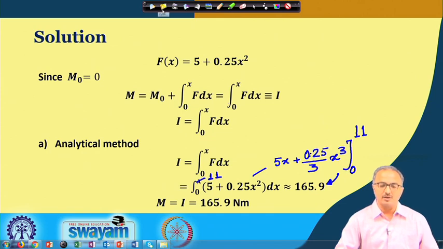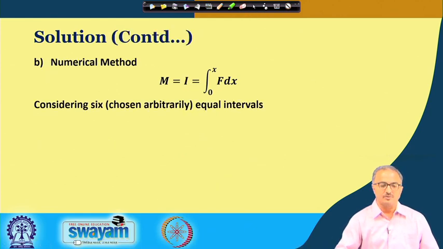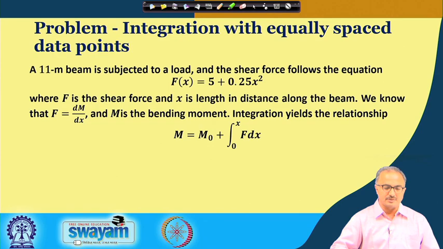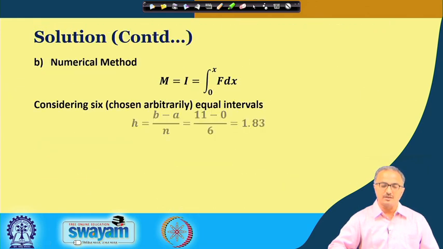Now let us go to the numerical manner to solve this problem. Here we have this particular integrand. First, let us consider 6 equal intervals. As I showed you earlier, if you have equal intervals, we can simply get the step size as h equals b minus a divided by n. In this problem we are choosing n to be 6. Please understand, this 6 is an arbitrary number.